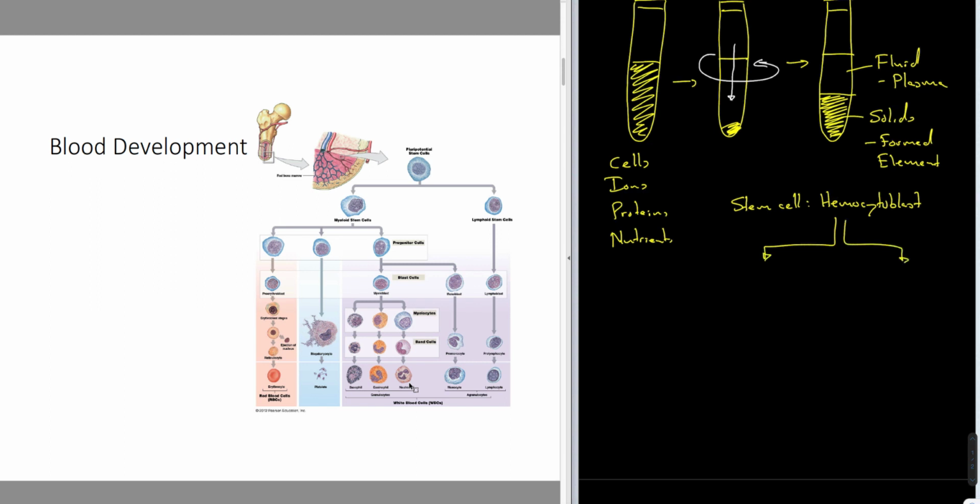One is the myeloid stem cell line, and the other one is the lymphoid stem cell line. Now, the lymphoid stem cell line just creates one type of cell. This is called the lymphocyte. The lymphocyte is one of our white blood cells, which we call leukocytes.